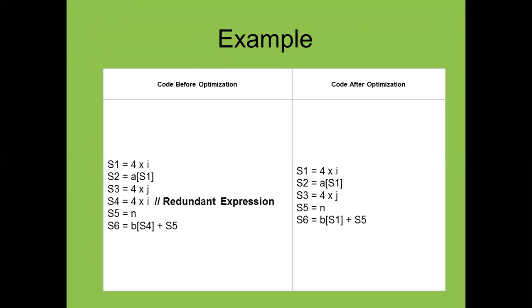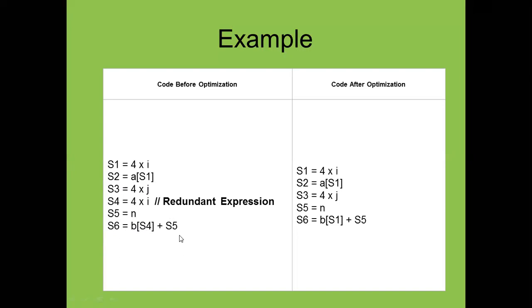Now here you can see S1 is equal to 4 star I, S2 is equal to A S1, S3 is 4 into J, then 4 into I again, S5 is equal to 9, and S6 is equal to this and this.